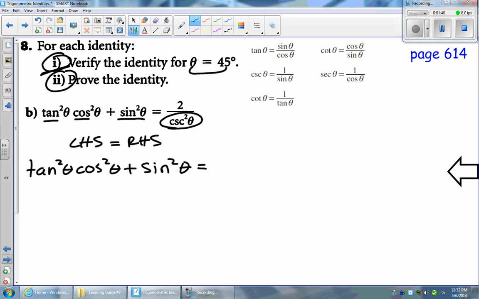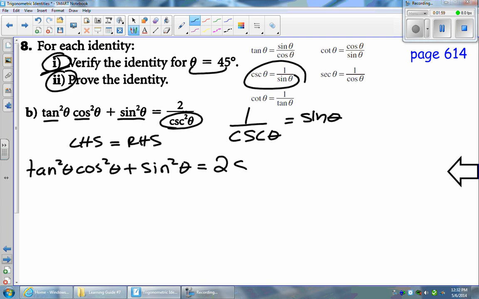But instead of cosecant squared theta, please know that the reciprocal of cosecant theta is actually sine theta. Okay, so that is actually an identity. It's this identity right here if I flipped it and manipulated it. So to replace cosecant squared theta, I'm going to write it as 2 times sine squared theta. So you're just going to go ahead and flip that, and that's what we get.